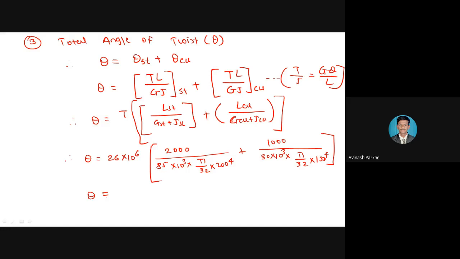Whatever the bracket is there, first of all solve that particular bracket, and then multiply it by this torque, 26 into 10 raised to 6.